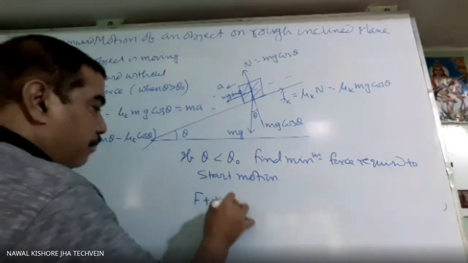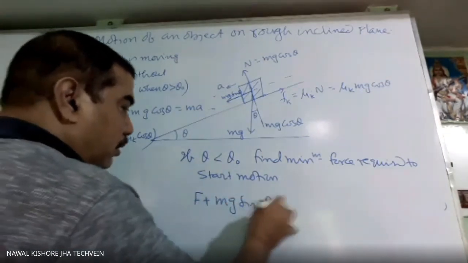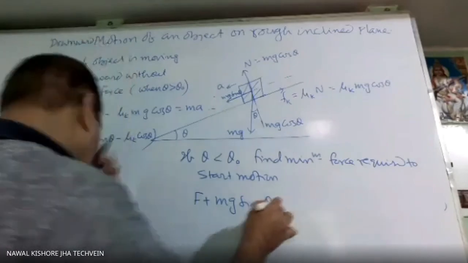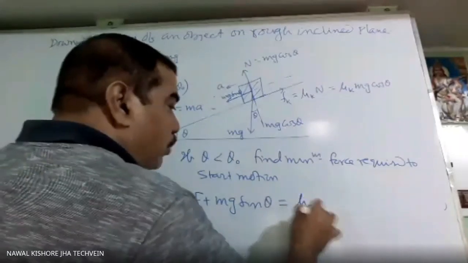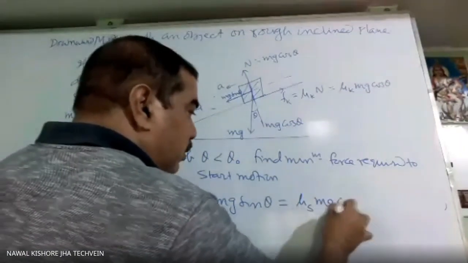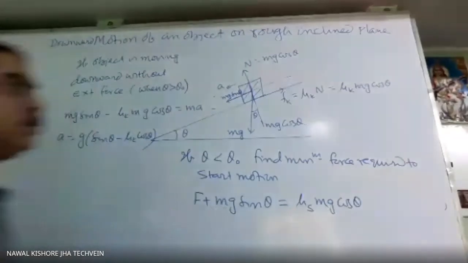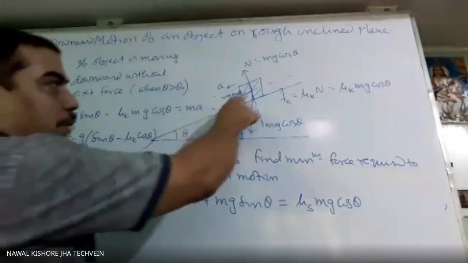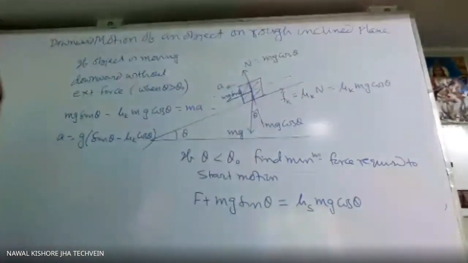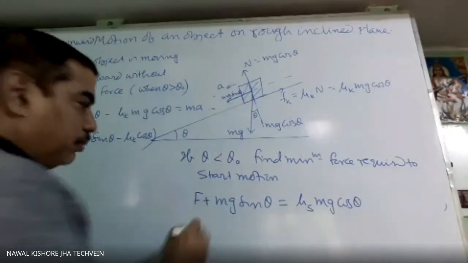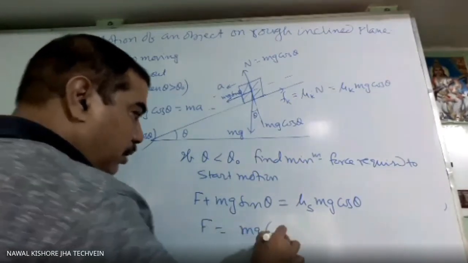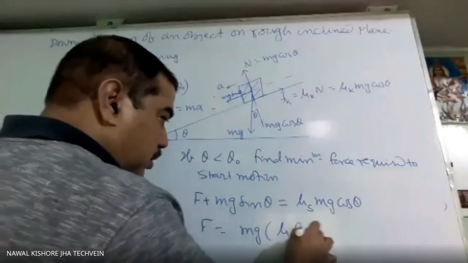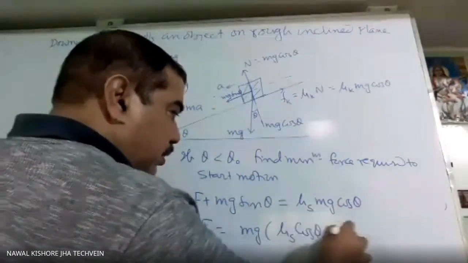F plus mg sin theta must be equal to mu s mg cos theta. So these two forces will balance the limiting friction. Then the external force, how much will it come? mg common, mu s cos theta minus sin theta.